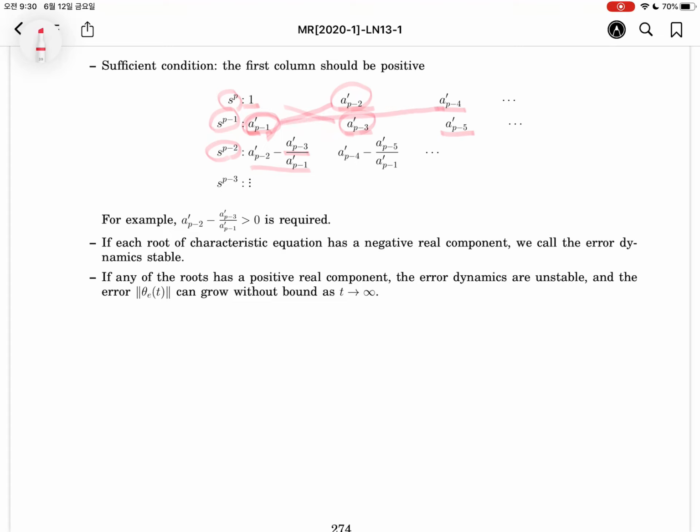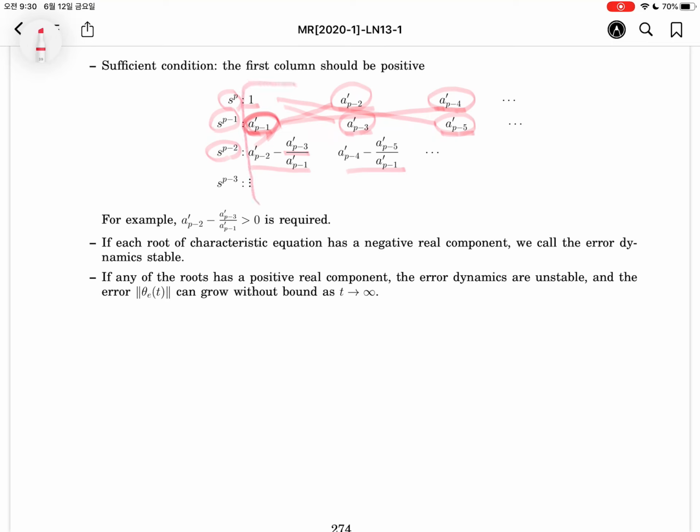And the second one will be this part: (1 times a_{p-1} times a_{p-4} minus 1 times a_{p-5}) over a_{p-1}. So it can be obtained as a result (a_{p-4} minus a_{p-5}) over a_{p-1}. Like this, we can write down all the last table.